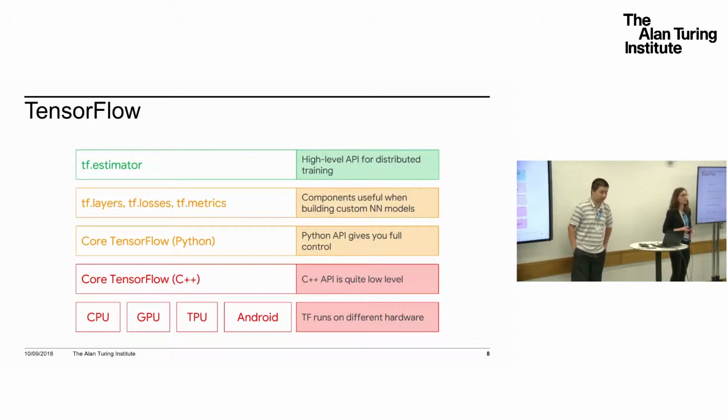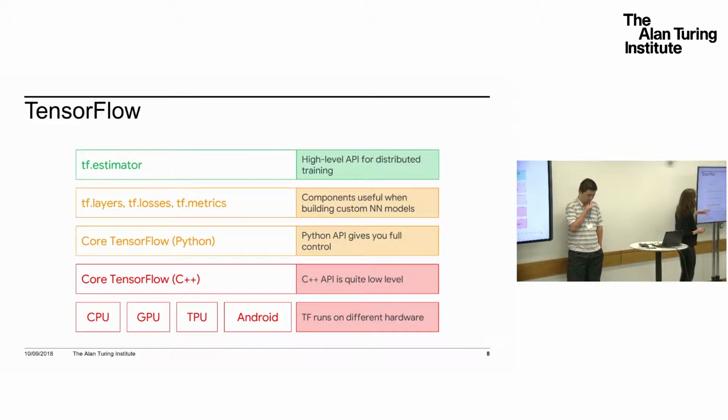So for TensorFlow, I'll just give a very brief introduction, and then we'll explain the pros and cons of using TensorFlow. First of all, the core TensorFlow is written in C++ and Python, but then there are some building blocks that are ready to use for anyone, which are layers, losses, metrics, and so on, that you can put together to build your own model.